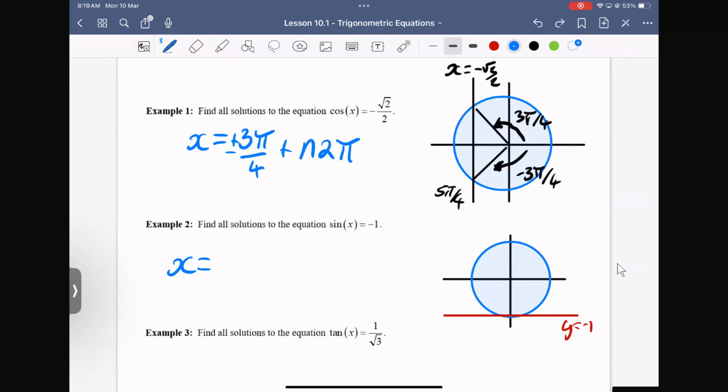Which angle would arc sine of minus 1 give us? If we were to write x equals arc sine of minus 1 plus n2 pi, that's all the solutions. So what would that give us?